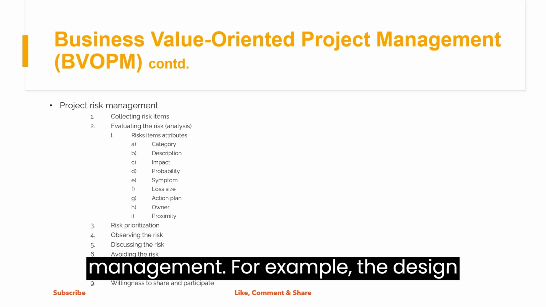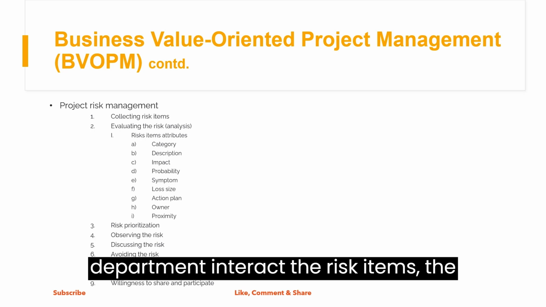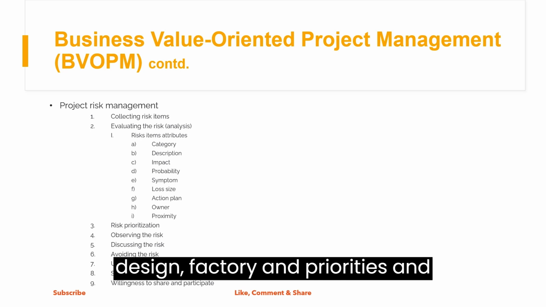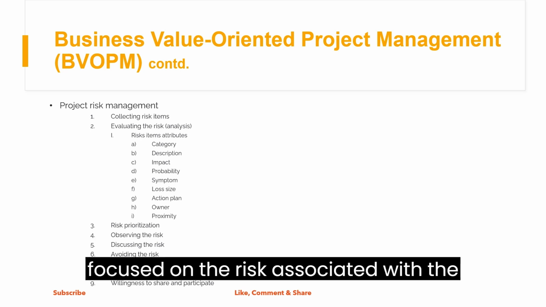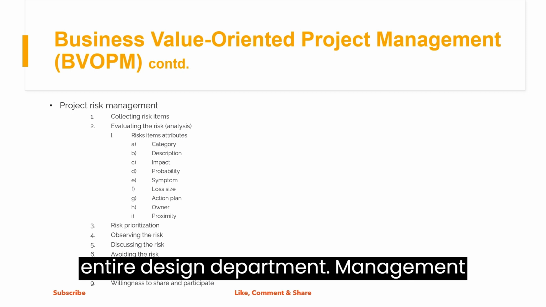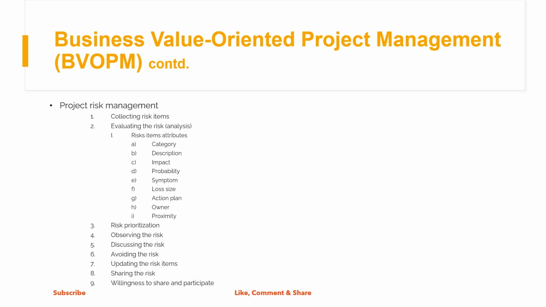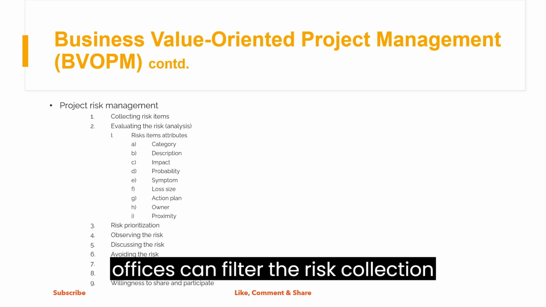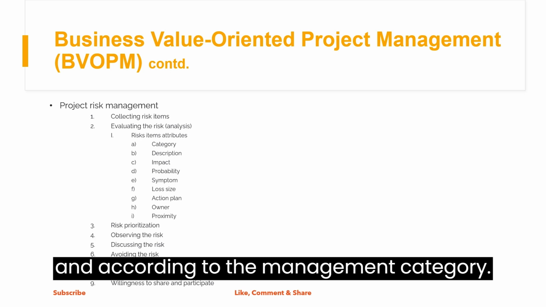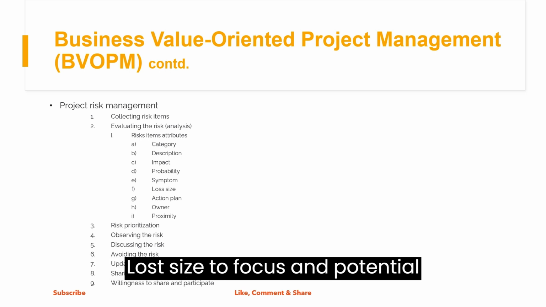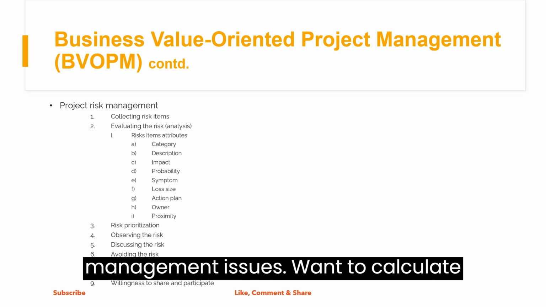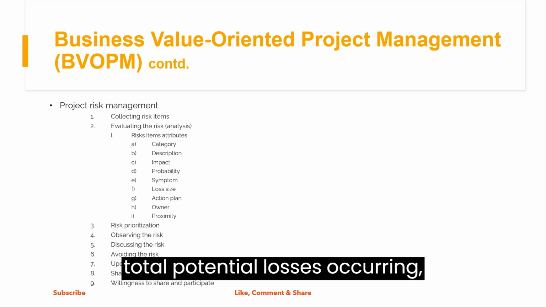For example, the design department can track the risk items in the design category and prioritize and focus on the risk associated with the entire design department. Management offices can filter the risk collection according to the management category and loss size to focus on potential management issues or to calculate total potential losses.